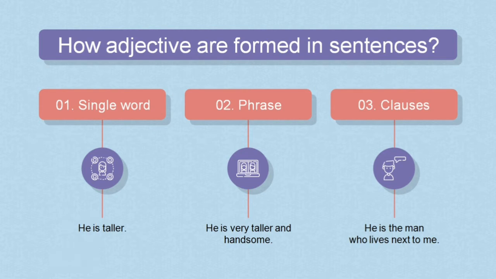In the second sentence, the phrase very tall and handsome is also used to describe he. And in the third sentence, the clause who lives next to me is used to describe the noun the man.